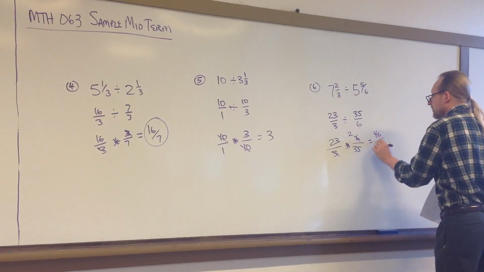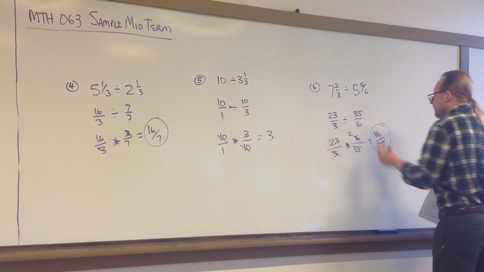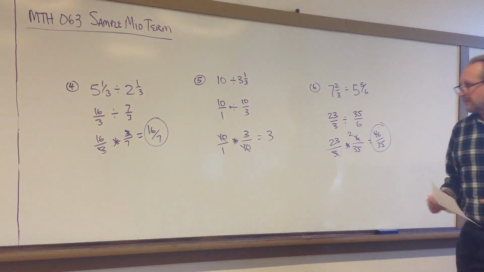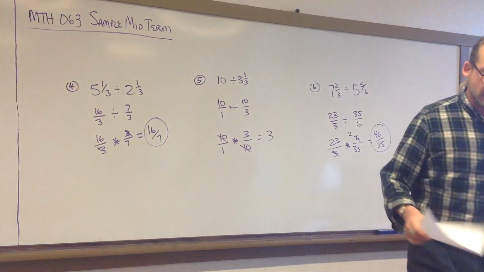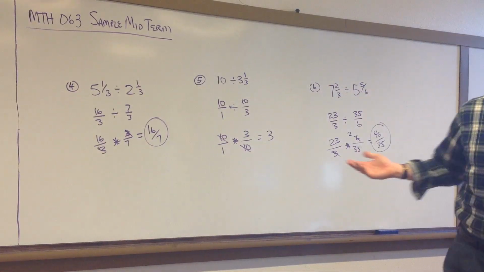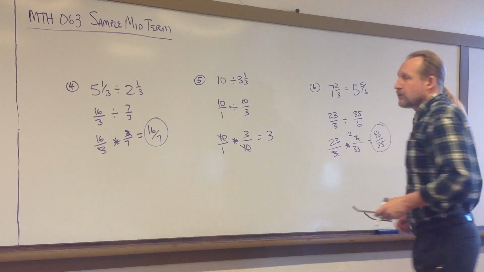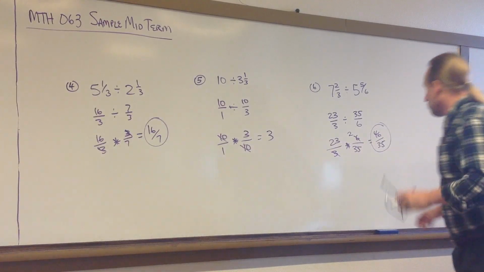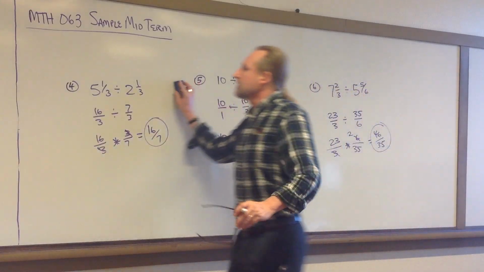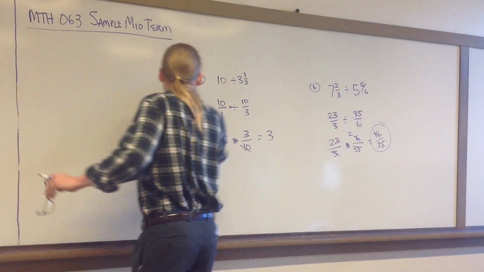So this is 46 over 35. And that's lowest terms. You know, I keep saying you can leave this in the form that it's in, but if it needs to be reduced, then you should reduce the fraction. Okay, let's move on and look at some decimal questions.